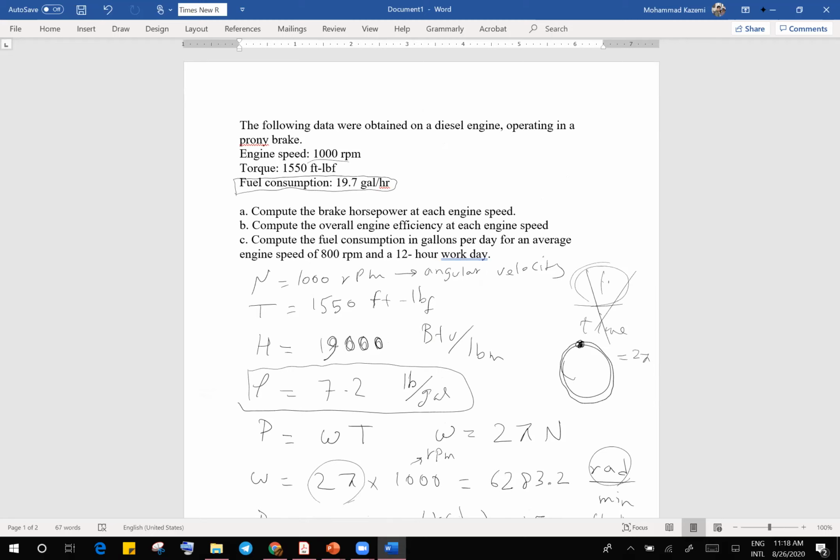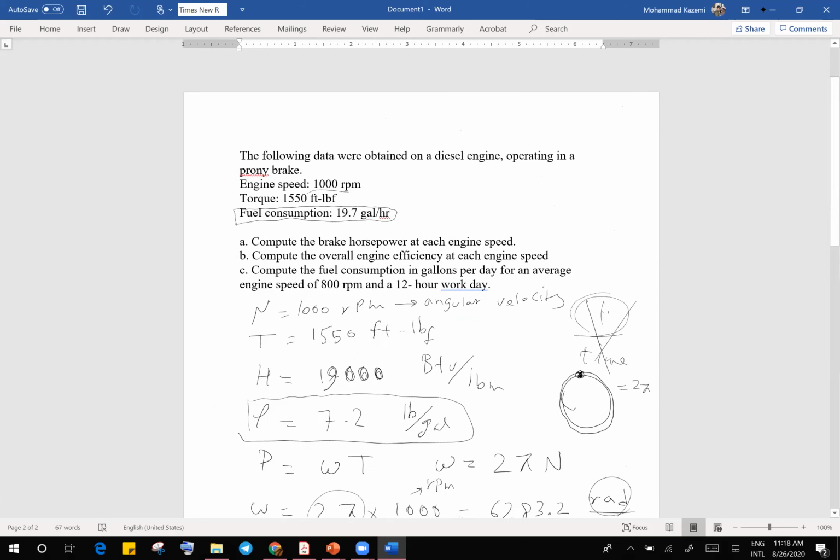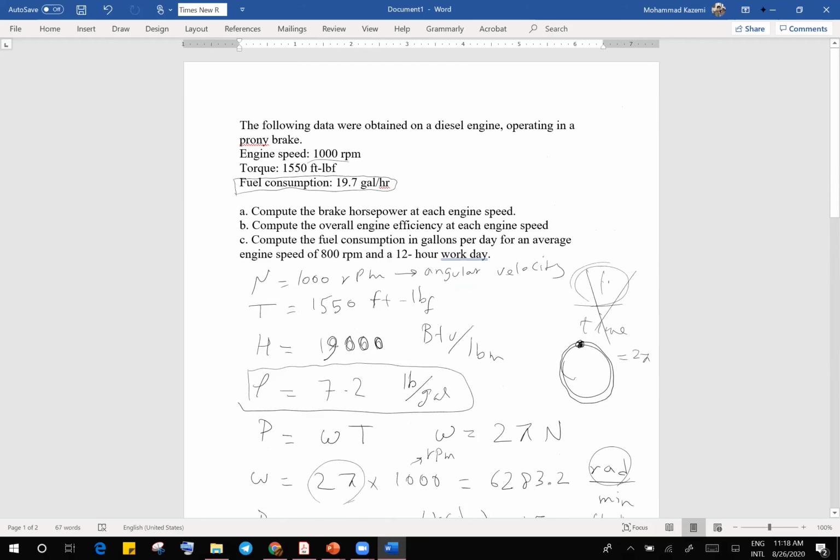But we need to convert this into pound mass per minute. How should we do that? Fuel consumption times the density.